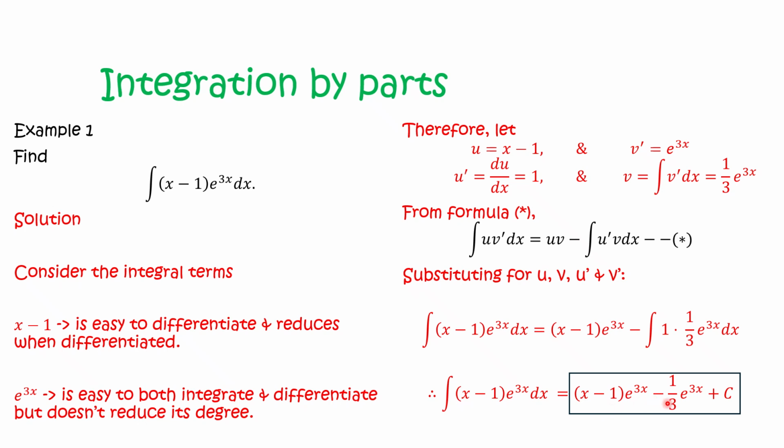So in integrating that, we get (x minus 1) times e to the 3x minus 1 over 3 e to the 3x plus c, the constant of integration. Of course, we can simplify further by factoring out e to the 3x, but for the sake of this example, I won't go that far.